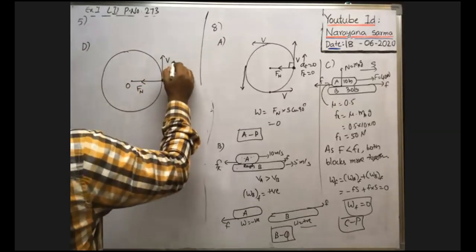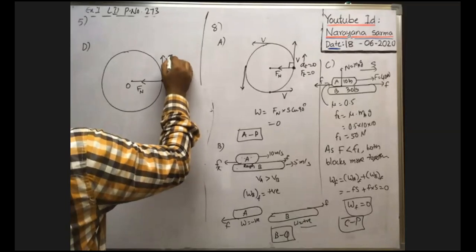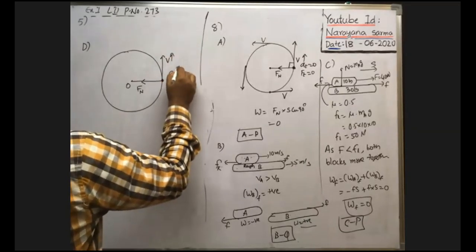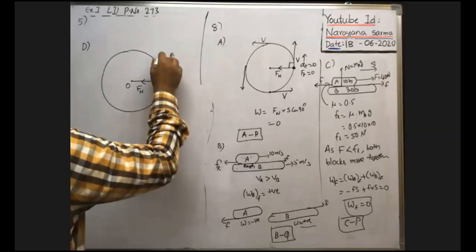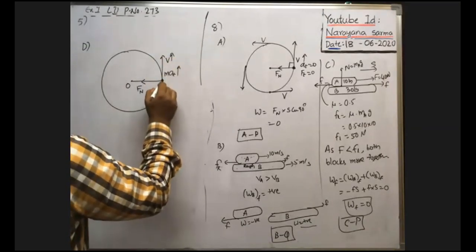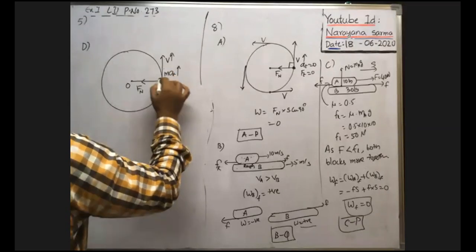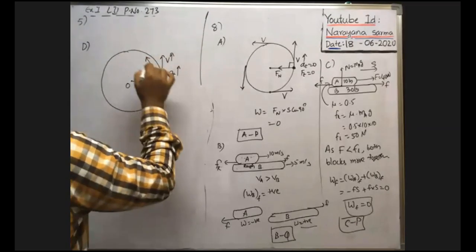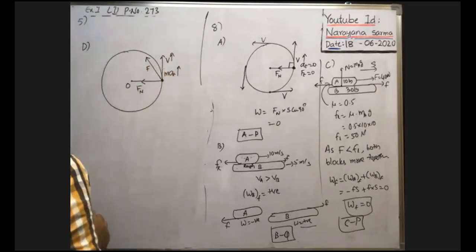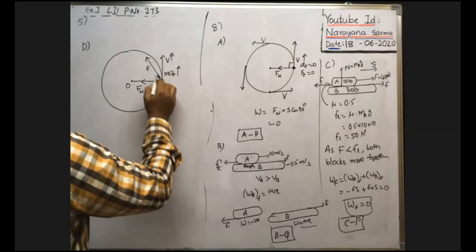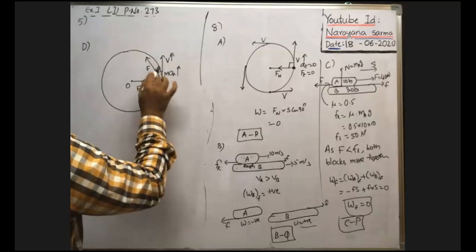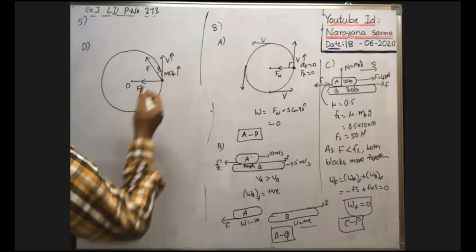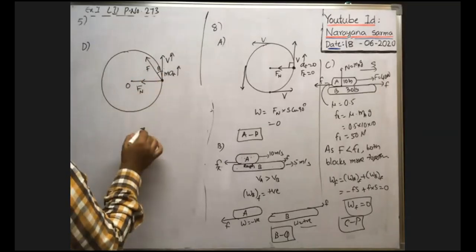If the velocity increases, the tangential force acts on the body in this direction. The resultant of these two forces, the net force, lies in this direction. The angle between force and displacement at that instant is acute, so the work done by this force is positive.